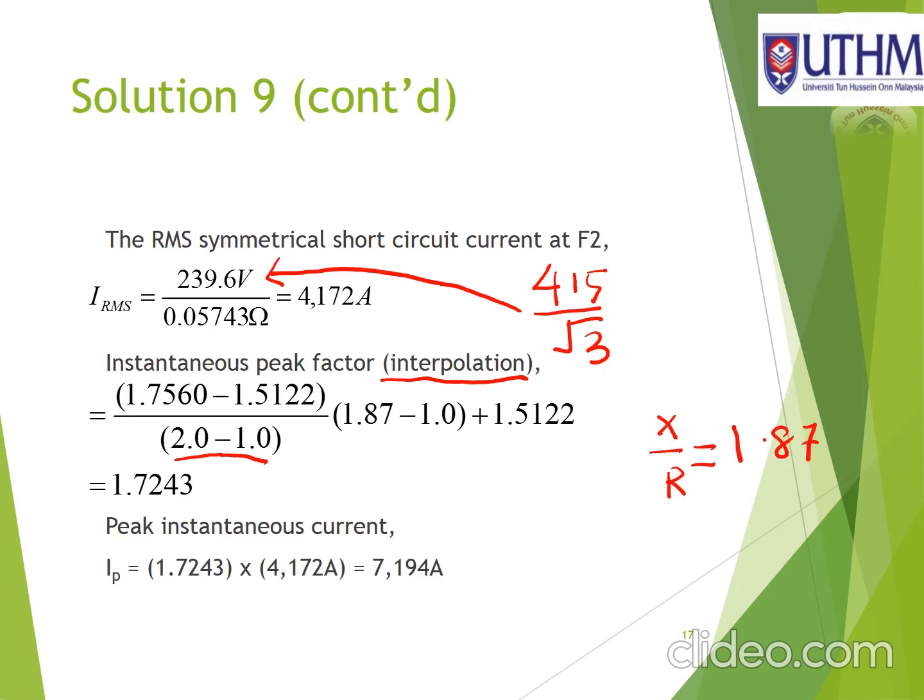So we have to refer to the value for 1 and 2, and get the value of the factor for this X/R ratio. Then we have to calculate the peak instantaneous current. So the peak instantaneous current is the factor times the IRMS. Okay, so we get the value here.